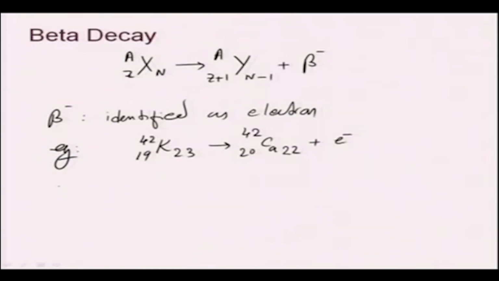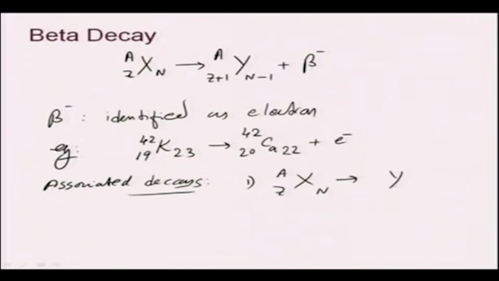Similar to this electron emission, there are other decays. There is one possibility where, instead of proton number increasing, the neutron number is increased and proton number is decreased by 1 unit, A remaining the same.